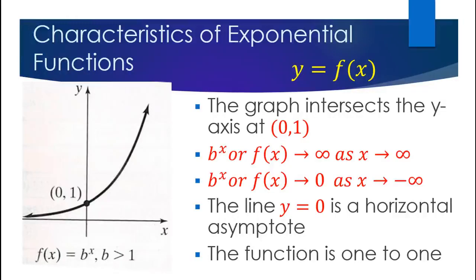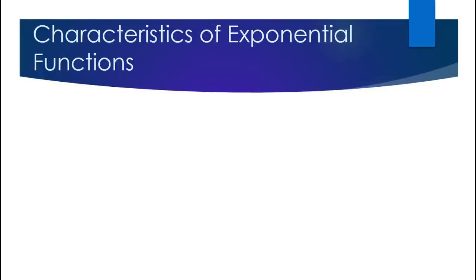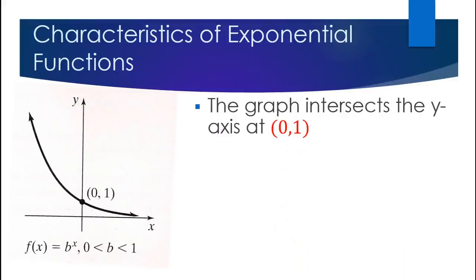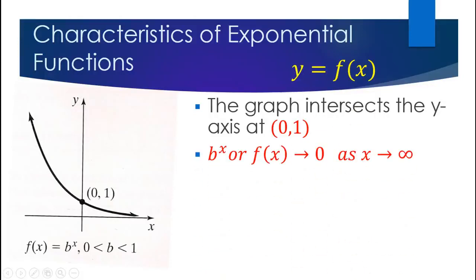How about if b is greater than 0 and less than 1? Let us find out the behavior of the graph of f of x equals b to the x. Okay, so if b is greater than 0 but less than 1, we have the same characteristic as if b is greater than 1. The graph intersects at (0, 1). Okay? Also, mapapansin natin as f of x or y approaches 0, papalapit sa 0 yung curve.